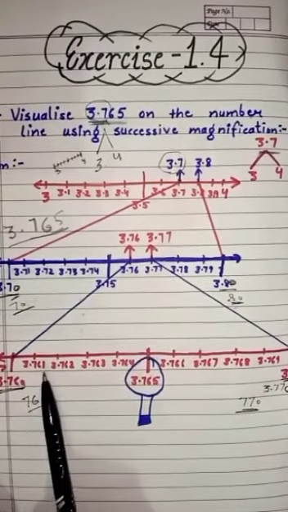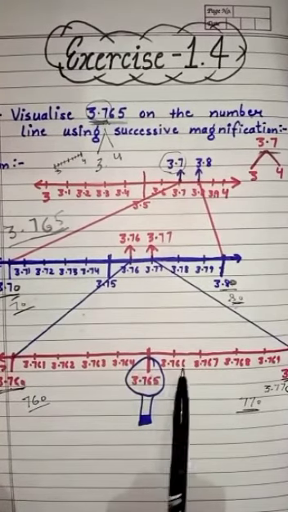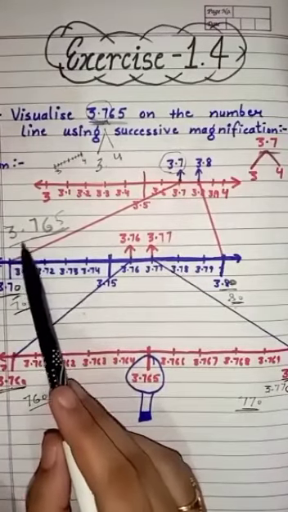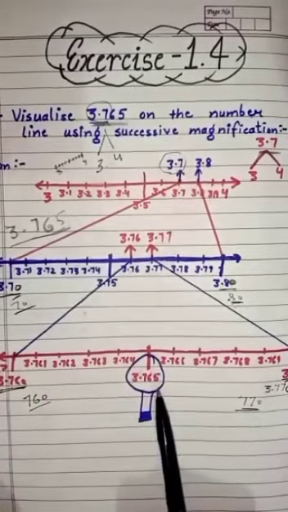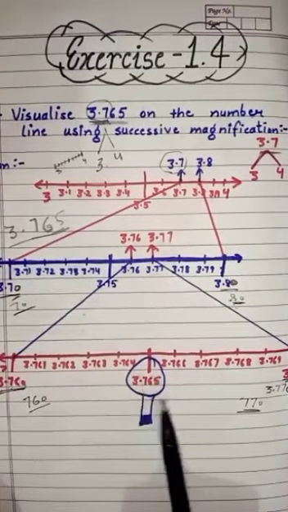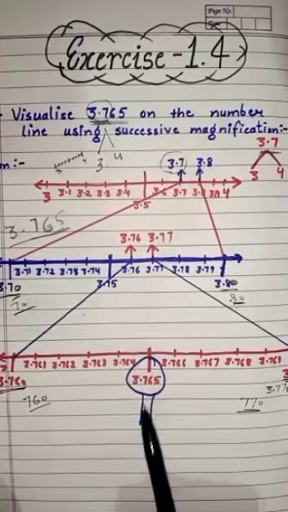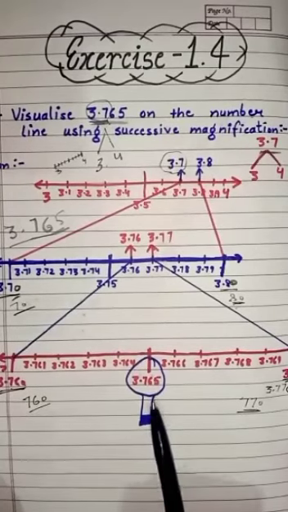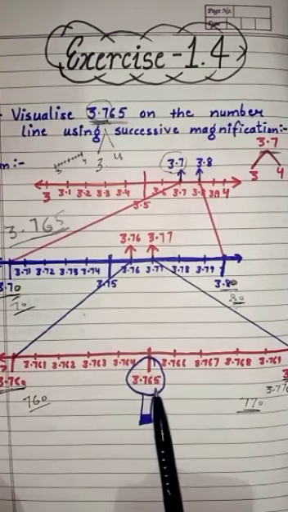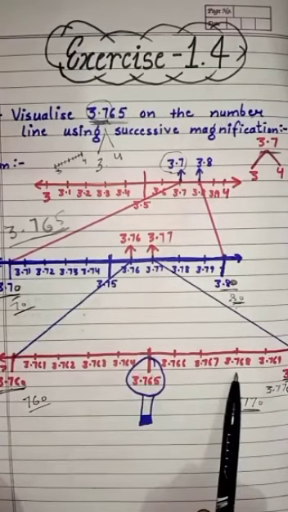So here it would be 761, 762 and up to 769. And now what you want is 3.765. So here it is, 3.765. After magnification you have got the answer. It means 3.765 lies on this number line.